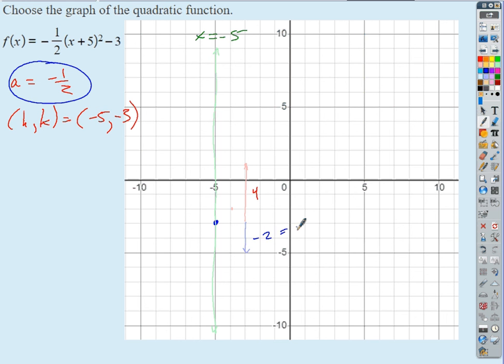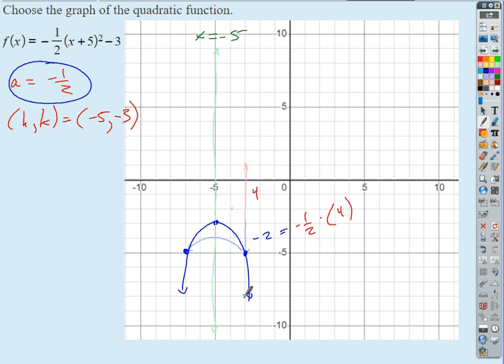That's just equal to -1/2 times 4, right? And so because I've got this, I know I have a point there, and because I've got this axis of symmetry, I know that I could reflect that over the axis of symmetry to get another point on the other side, and so this one's just going to look like that, isn't it?